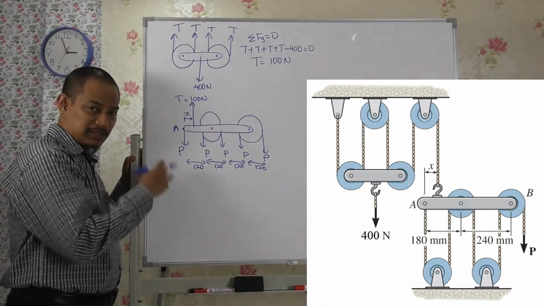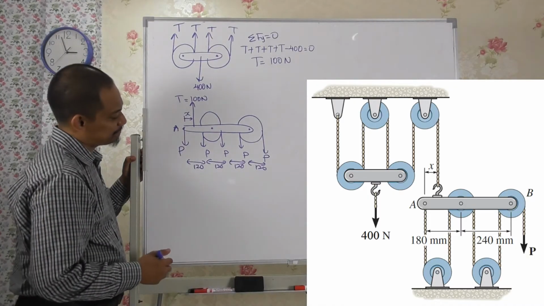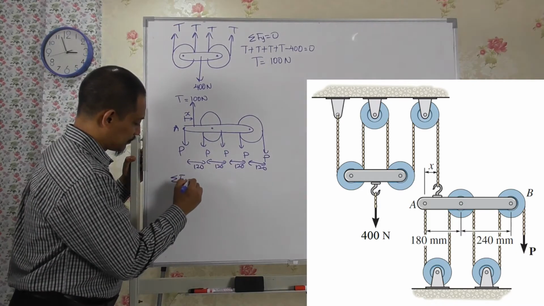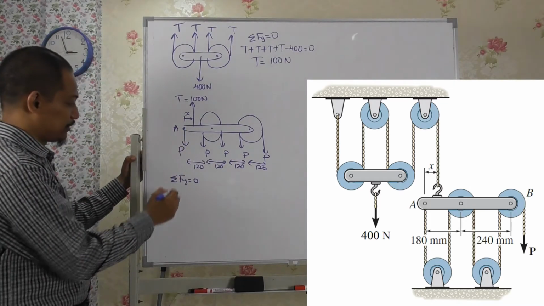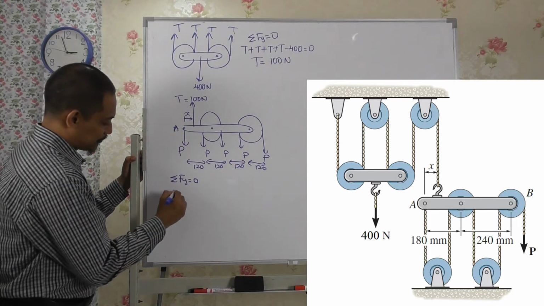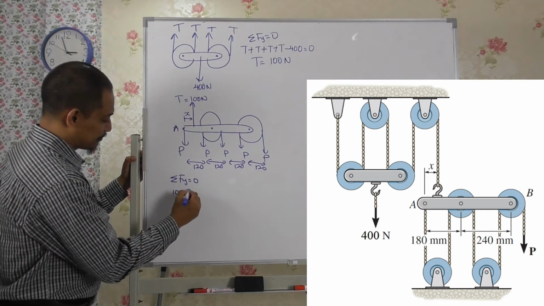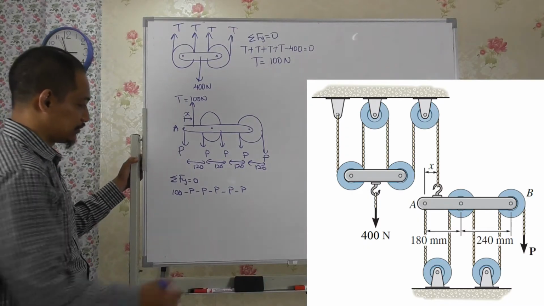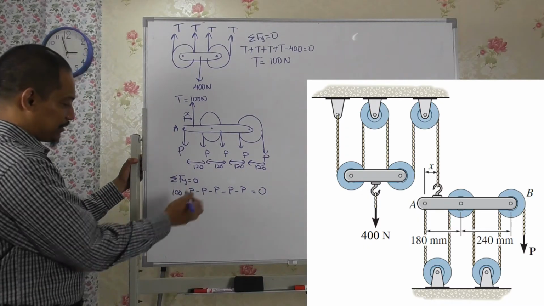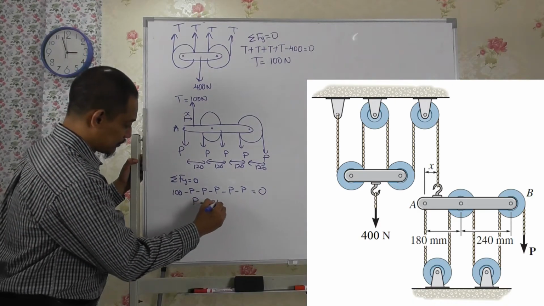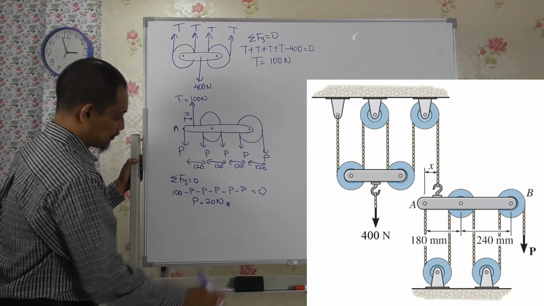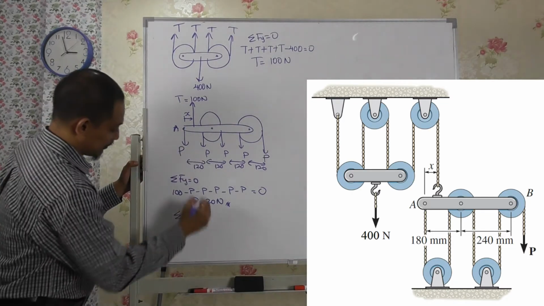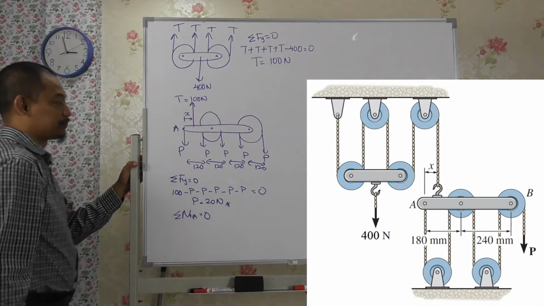Okay, after you have established this free body diagram, then summation of Fy should give you straight away what is P, right? Because basically we'll have 100 from the T, and then minus P, minus P, minus P, minus P, minus P, equal to 0. So 5P equal to 100, so P equal to 20 Newton. That's answered, right? But what about x? So you have to have moment about point A equal to 0.